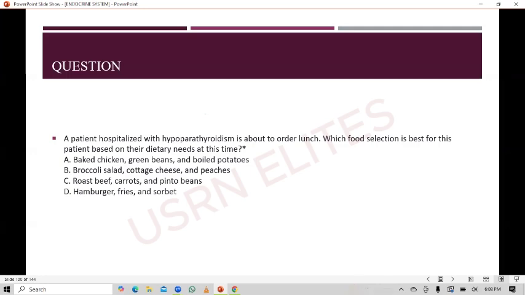B will do. Broccoli has a high level of calcium. Let's pick B and C if you are right.